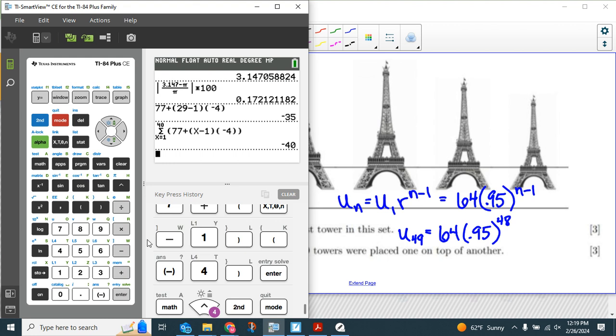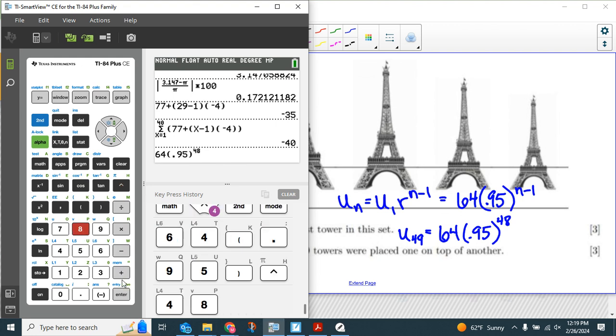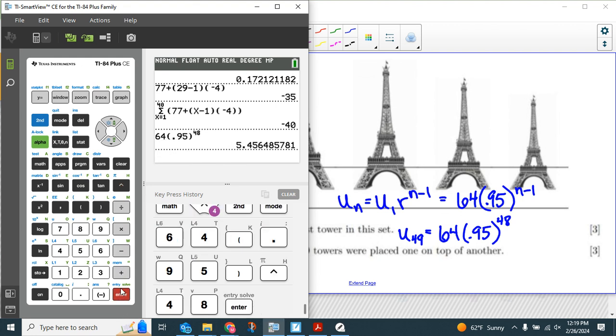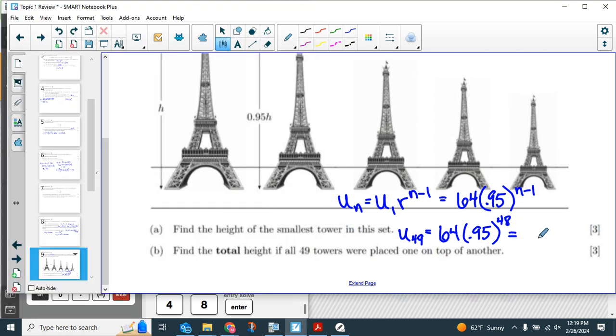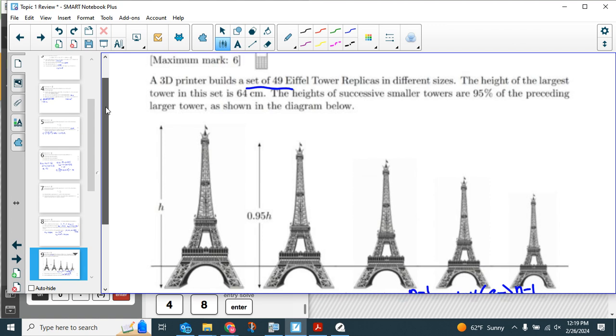So we do that in a calculator here, 64 times 0.95 to the 48th power. All right, so to 3 sig figs, 5.46 centimeters. I think it was in centimeters. Yes.